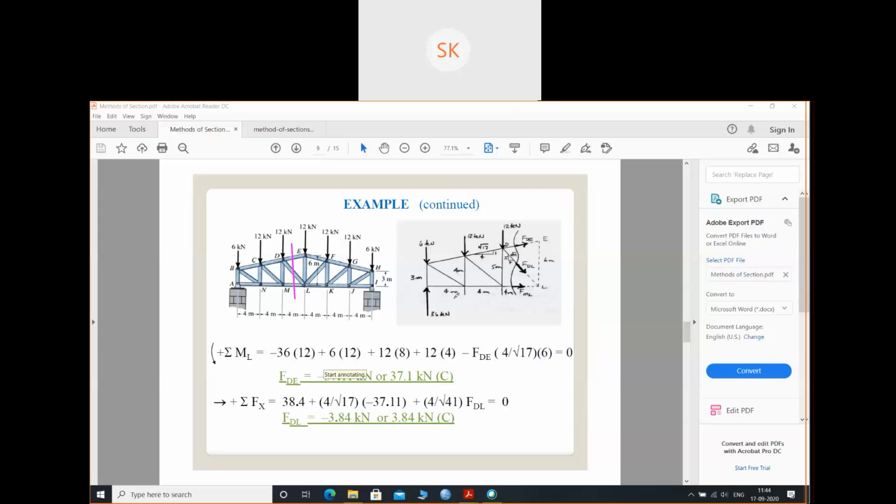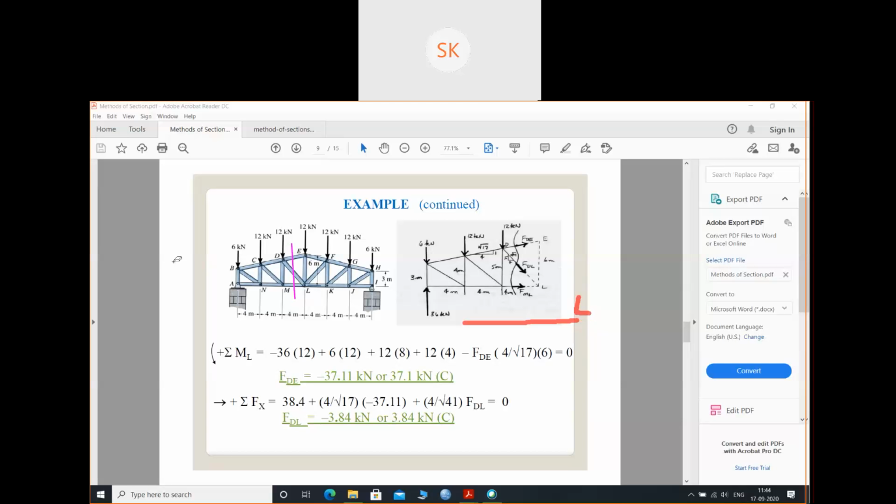So, consider it as a beam. You have to find all the moments about L. Let me know if my voice is not clear. Okay.